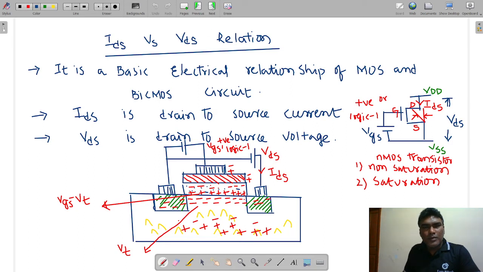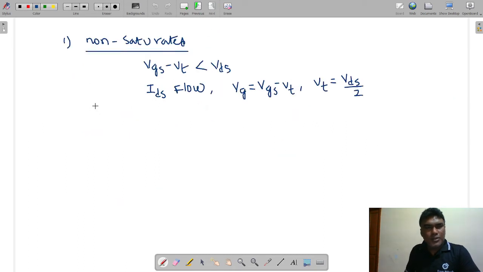Now QC is the charge carriers. It is determined by the insulation material, that is the SiO2 layer, and epsilon naught is the free space permittivity, and the area W into L is the area of the polysilicon, and EG is the gate to channel electric field.